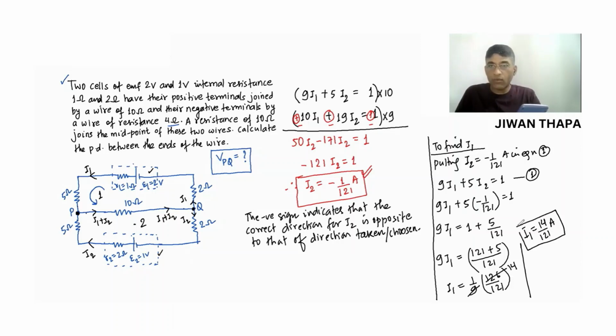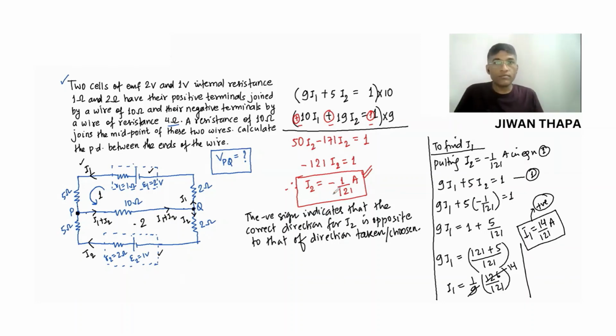And we are getting I1 positive. It indicates that we are taking the correct direction of I1. We are not getting I1 negative. It means that the direction of current taken, that is I1, is correct. So there is no correction for the direction of I1. So this is to be noted, okay?